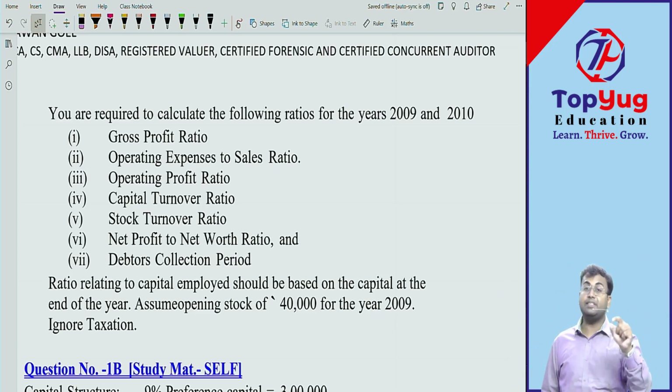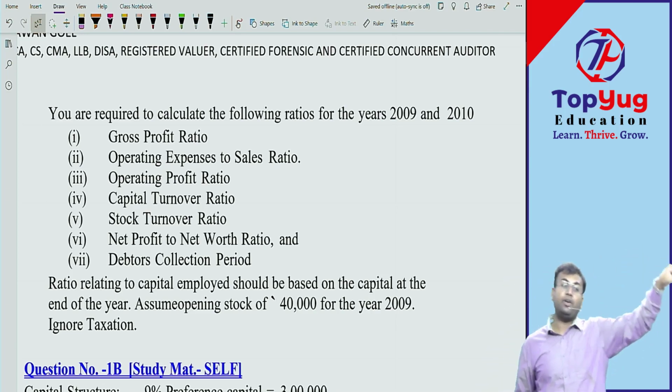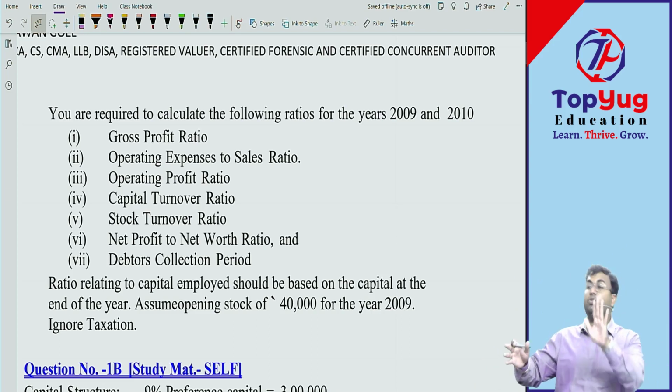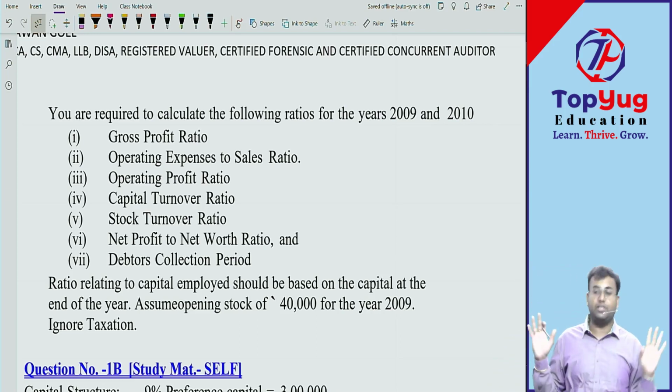So accounts are more concerned with what has been incurred, what is about to be incurred, and for what period. Period is very important in accounts, but in FM it is only the cash flow. Gross profit you will easily be able to calculate, no challenge at all.